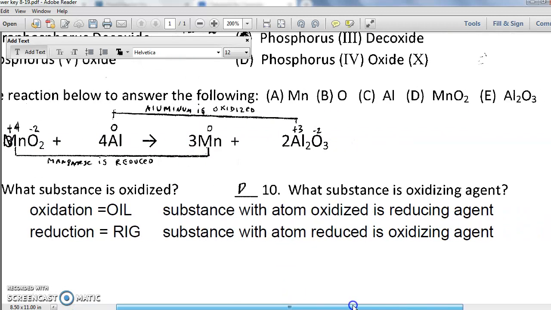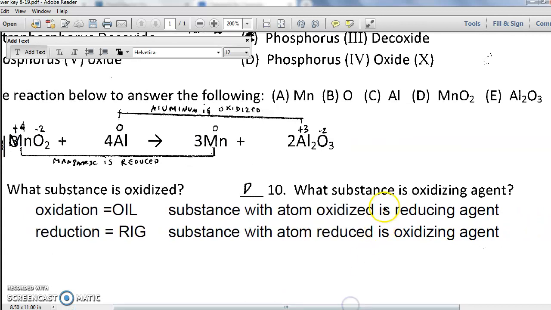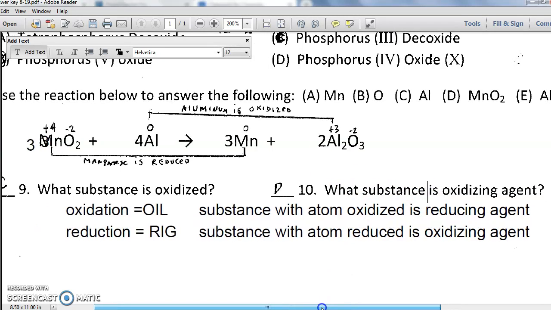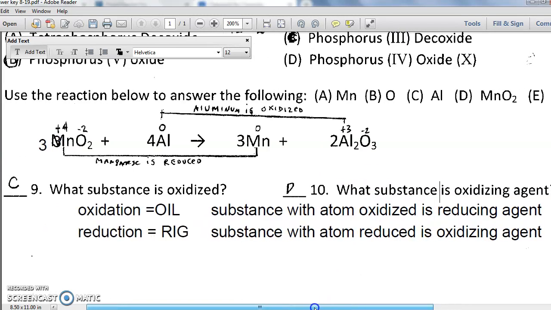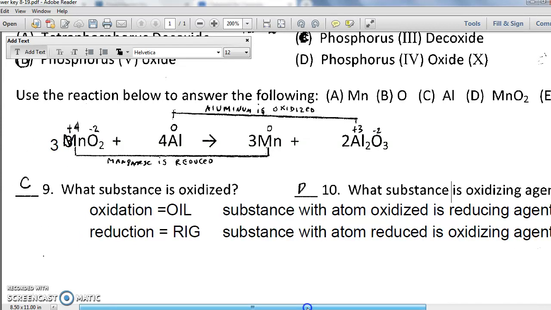Question number 10 is asking, what substance is the oxidizing agent? The key word here is substance. The agents are the compound containing the atom that undergoes a particular process.